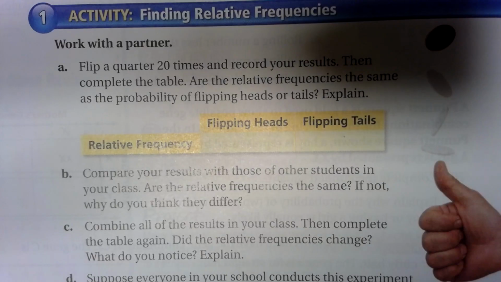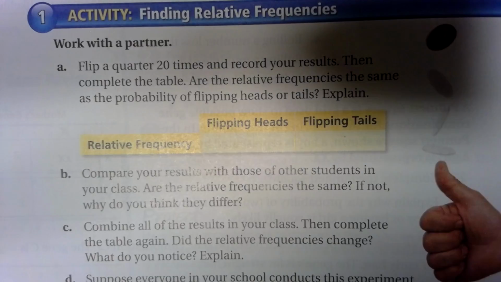Now, theoretically, if you have only 2 choices, heads and tails, what should you get out of 10 times or out of 20 times for flipping heads? How many times should you get flipping tails, theoretically? We're talking about theoretical probability. Since there are only 2 choices, you should get 10 times you would flip heads and 10 times you would flip tails.